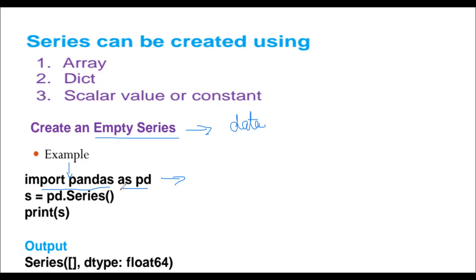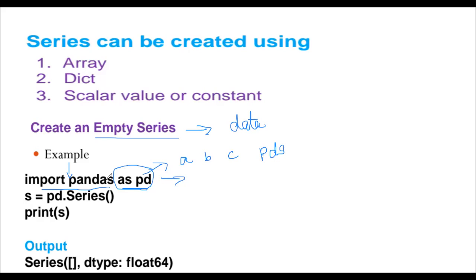But why are we using as pd? This as pd is called an alias name. Wherever I have to use pandas, the whole thing you have to type. Instead of that, you can use this simple thing, pd. And again I want to tell you, it is not compulsory that you use only pd. You can use a, b, c, p, d, s, anything. It is an alias name you are creating for your pandas.